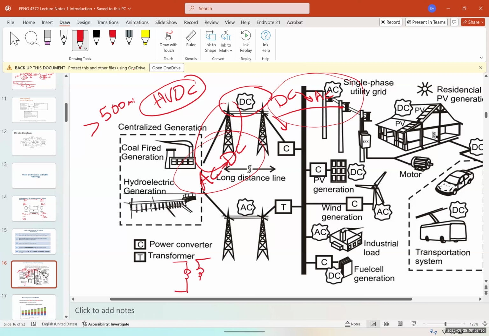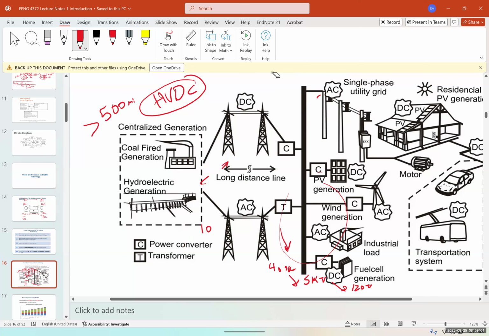You need a step up transformer, usually to step up the voltage from a few hundred volts to 400,000 volts sometimes. And you need to step down the voltage from 400,000 volts to 5,000 volts usually, and then down to 120 volts. So all of these control parts require a power electronics system, especially in the HVDC.